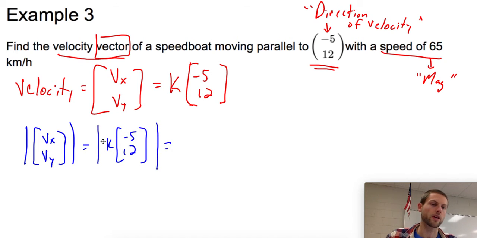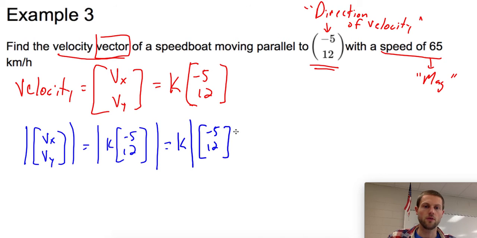And actually, in general, you can take the magnitude of a scalar value, but a scalar value is just itself. The size of 5 is 5. The size of 10 is 10. So really, this is the same thing as just some scalar times the magnitude of <-5, 12>. And we're given the magnitude, which is 65.